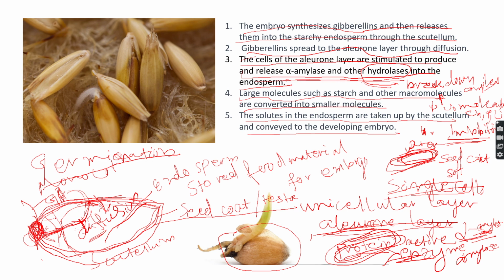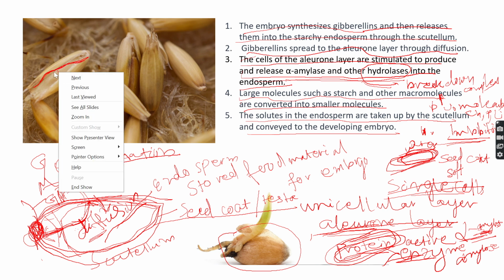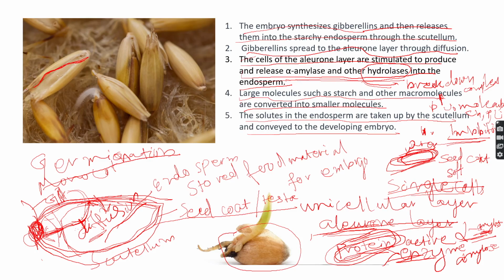So what is now happening? In this picture you can understand, here the aleurone layer will be present. From this aleurone layer the enzyme will be produced and it will move to the endosperm area. In the endosperm area, the food material will be converted to simpler molecules, and these simpler molecules will move to the embryo through the scutellum.